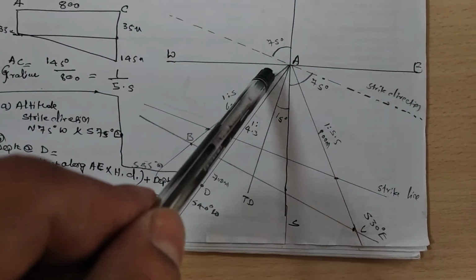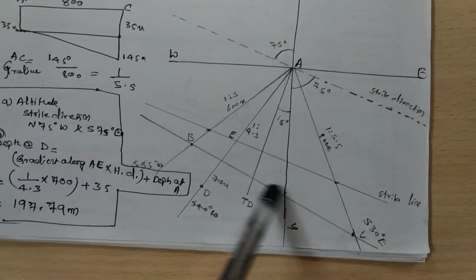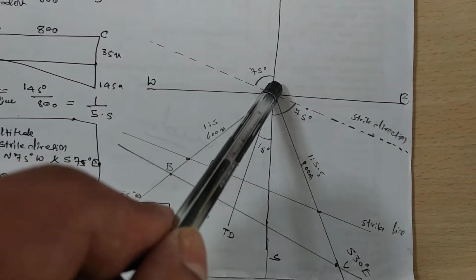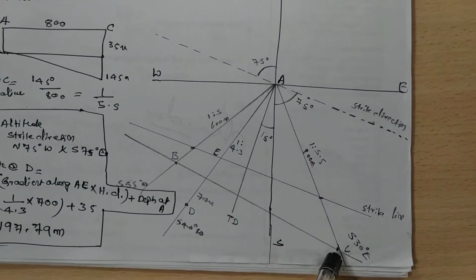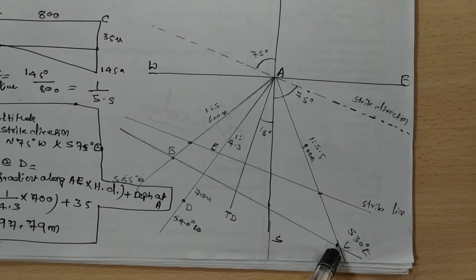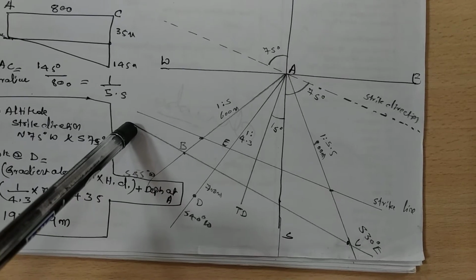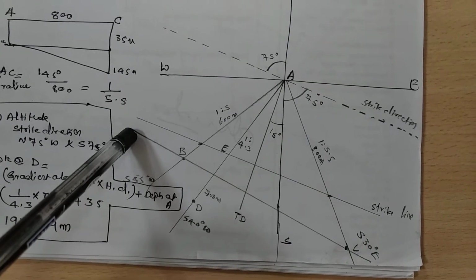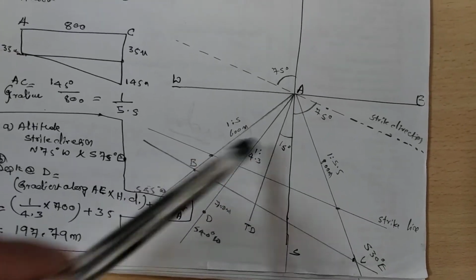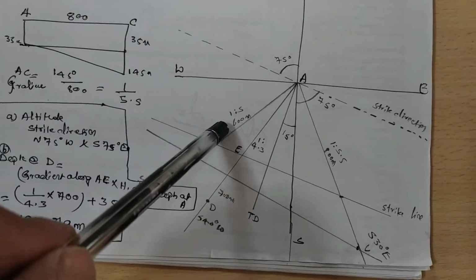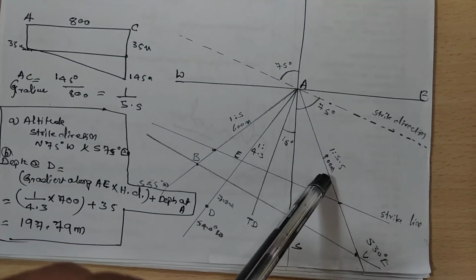And you get A borehole, B borehole, and C borehole, and these three are in a triangular shape. A borehole depth is 35, B borehole depth is 155, C borehole depth is 180 meters. Now let's start with the gradient. What is the gradient of AB? It is 1:5. And the gradient of AC is 1:5.5.